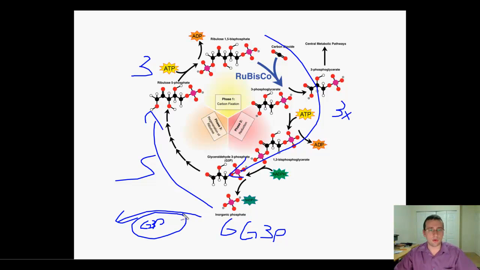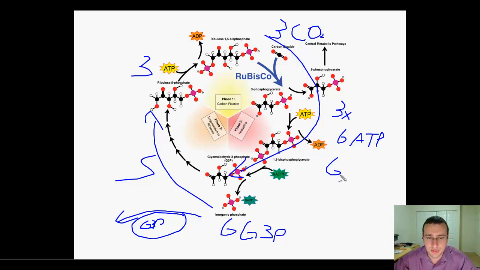So what is the overall picture here? If I'm doing this half circle 3 times, that means I capture 3 carbon dioxides. Since each time I go halfway here, I consume 2 ATPs, it actually takes 6 ATPs to go around this way. Since each time I went halfway, I consumed 2 trucks, it actually takes 6 trucks to make this happen.